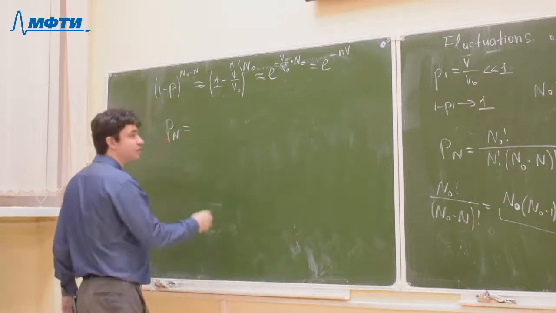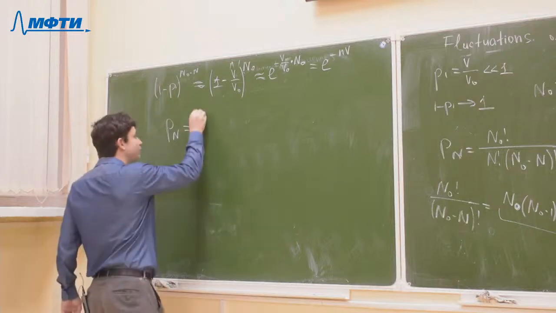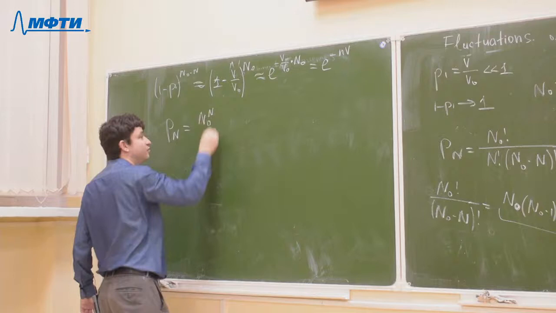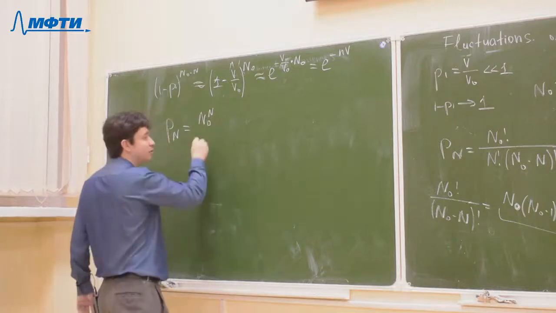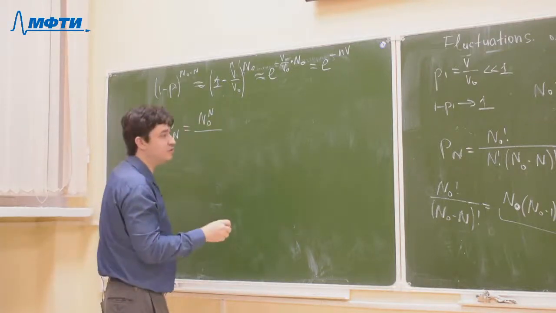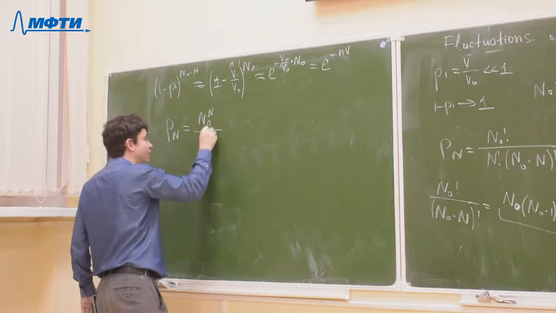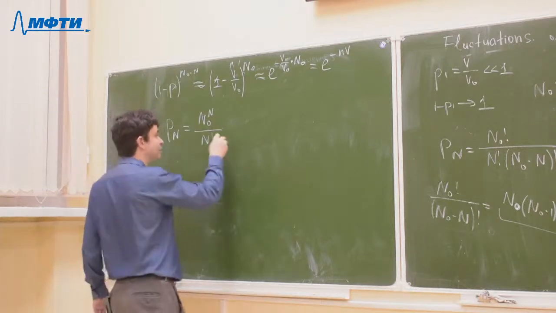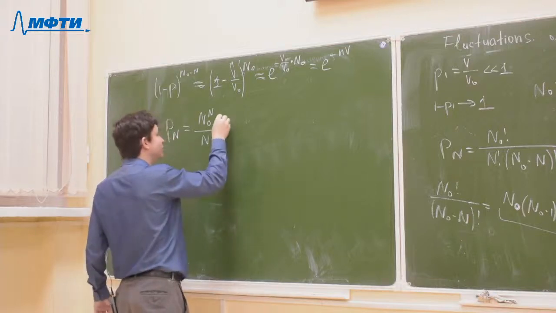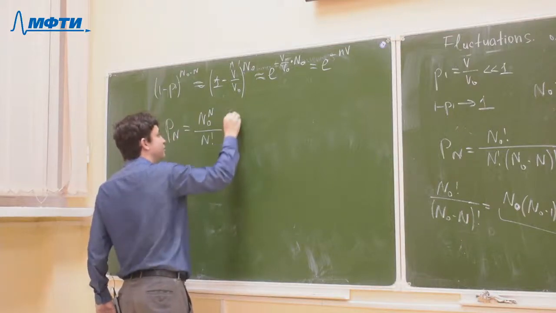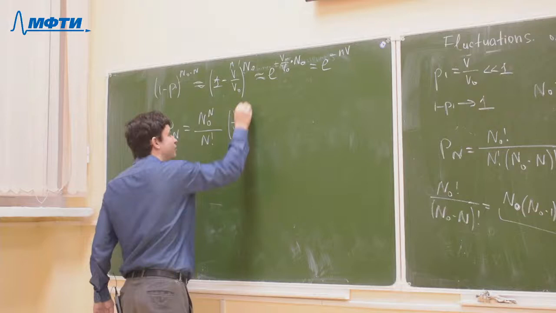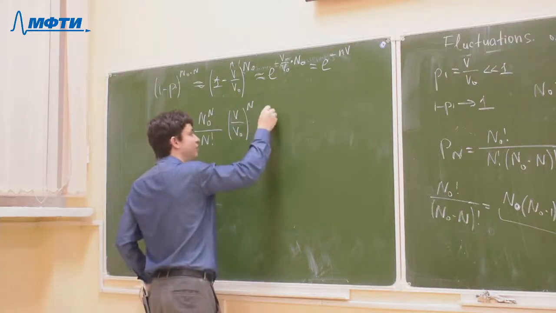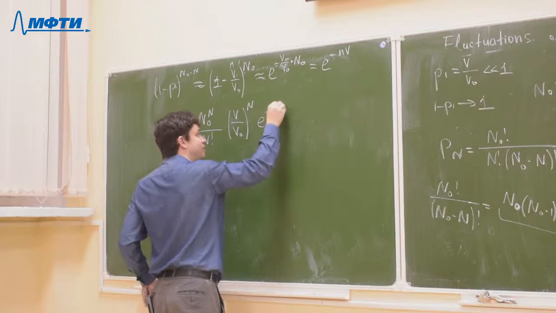Pn is n0 to the power n divided by n factorial multiplied by p1 to the power n. p1 is v over v0 to the power n multiplied by this e to the minus nv.